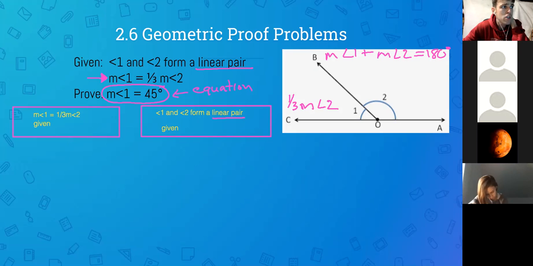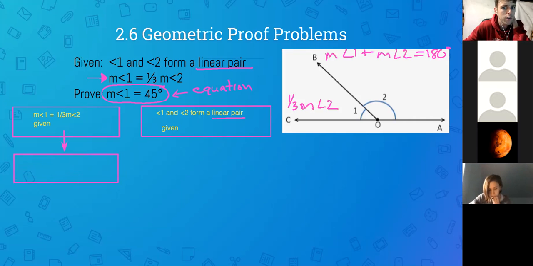Instead of saying that the measure of angle 1 is 1/3 of the measure of angle 2, if I multiply both sides of this equation by 3, I would end up with a slightly different version. So I'm going to multiply both sides by 3.